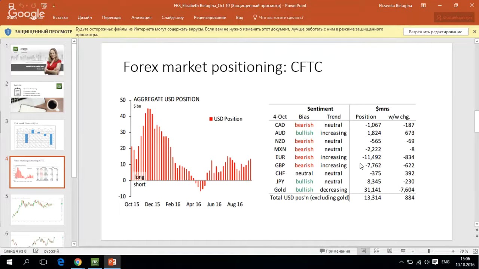Also, the shorts on euro are rather high, so probably we won't see a big increase in these euro short positions. While as for the British pound, here we can see that the market will probably add more short positions in the coming week.